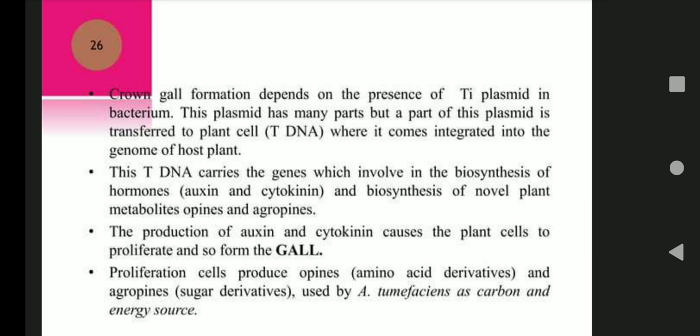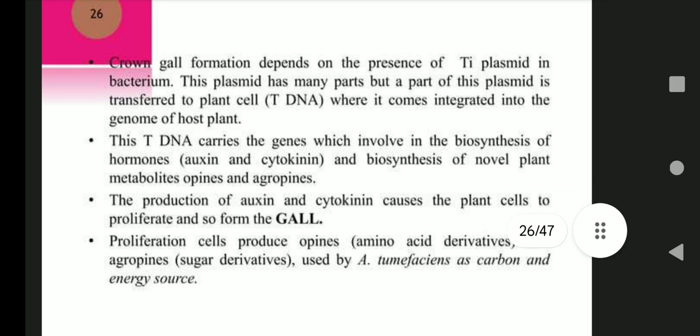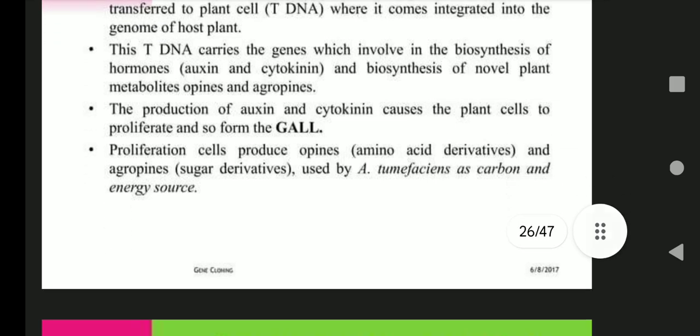The biosynthesis of novel plant metabolites, opines and agropines, in addition, enhances the plant cell to proliferate at a multiple level to form a tumor-like structure called a gall. So it is called a gall.